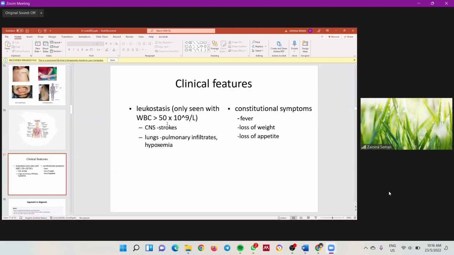Actually, it can occur in any of the blood vessels. For example, in the CNS, it can manifest as a stroke, and in the lung, the patient can have dyspnea, difficulty in breathing. Other than this, constitutional symptoms are also very common for patients with acute leukemia, consisting of fever, loss of weight, and loss of appetite.